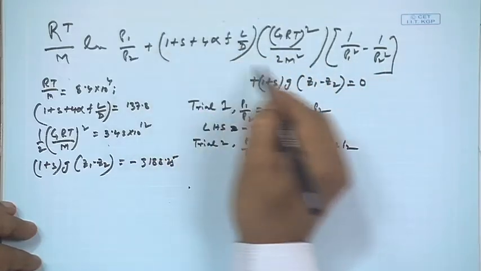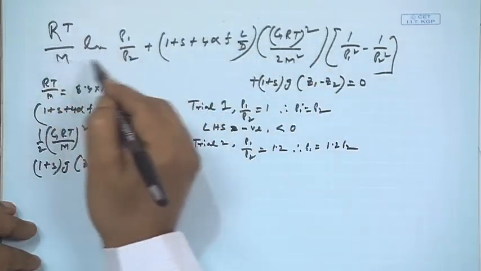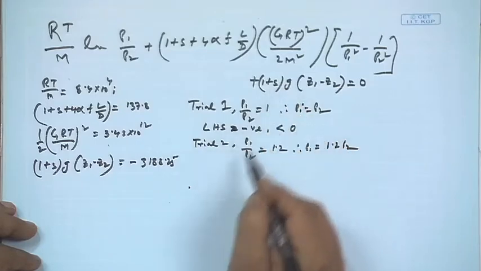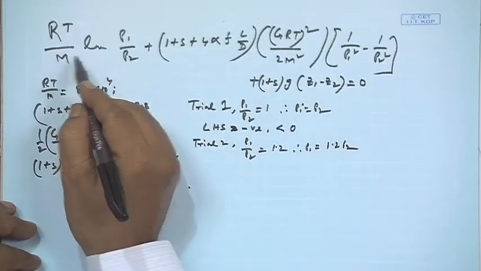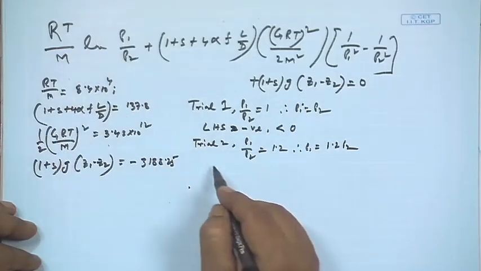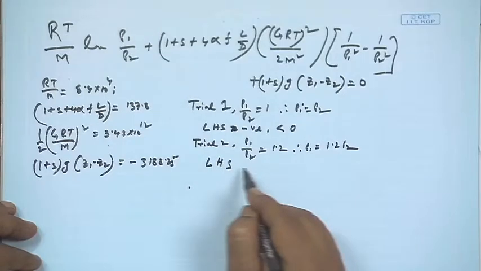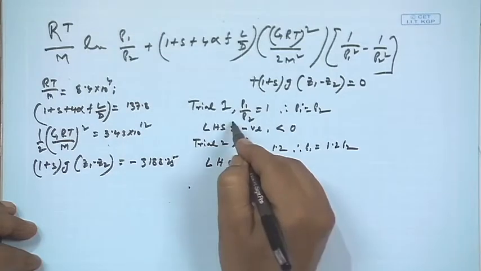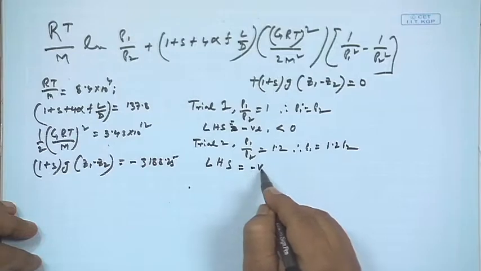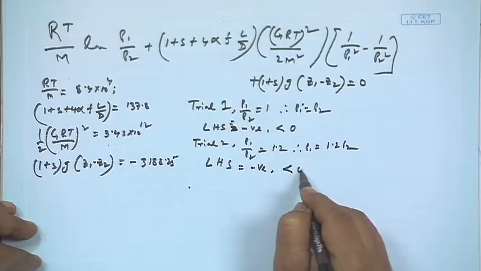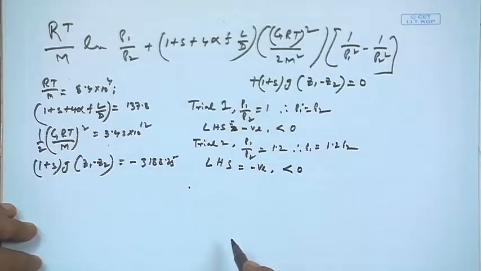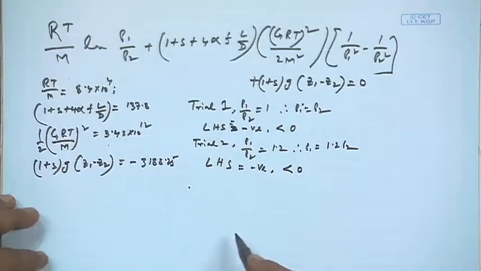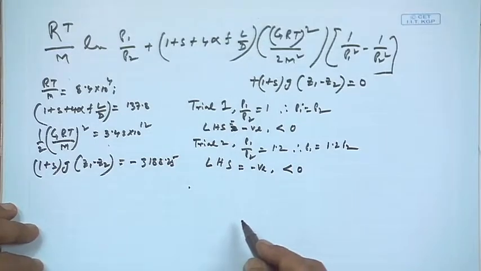So this term became negative, this was positive, and this value was very small. So the left hand side again became negative, so this is less than 0, right. Now let us take the third trial.